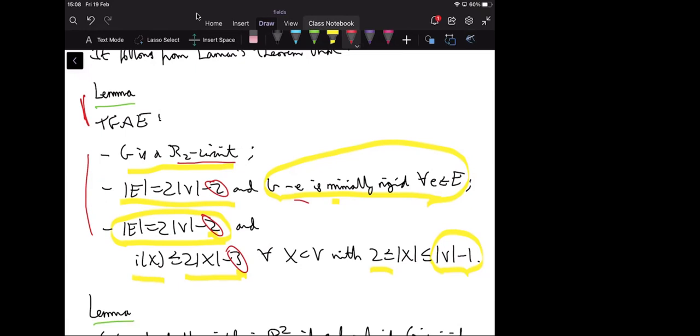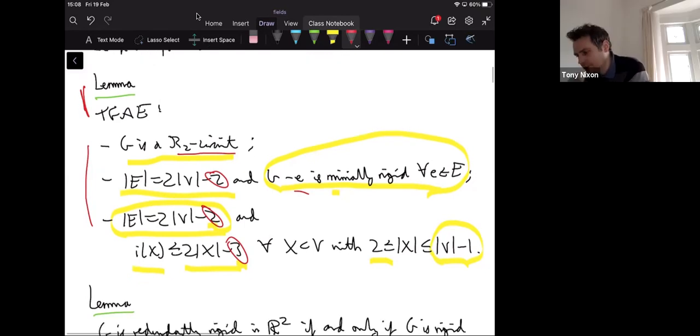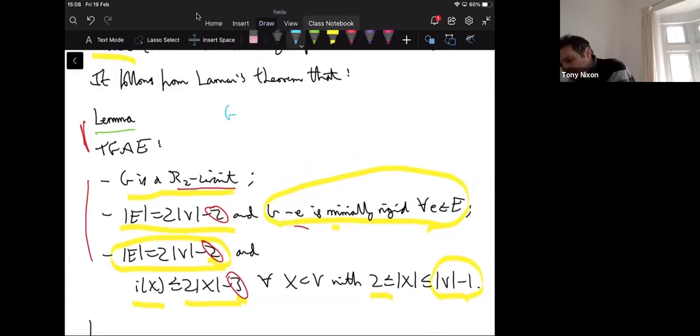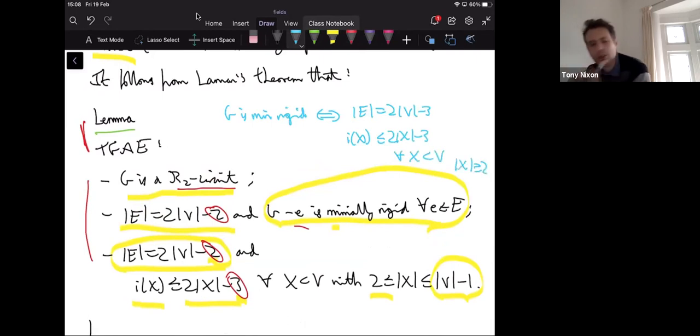Okay, I have a question about the I of x less than or equal to. Sure. Wasn't it a greater than or equal to in Laman's theorem? So Laman's theorem said G is minimally rigid if and only if E equals 2v minus 3 and I of x is at most 2x minus 3 for all x in V, with x greater than or equal to 2.